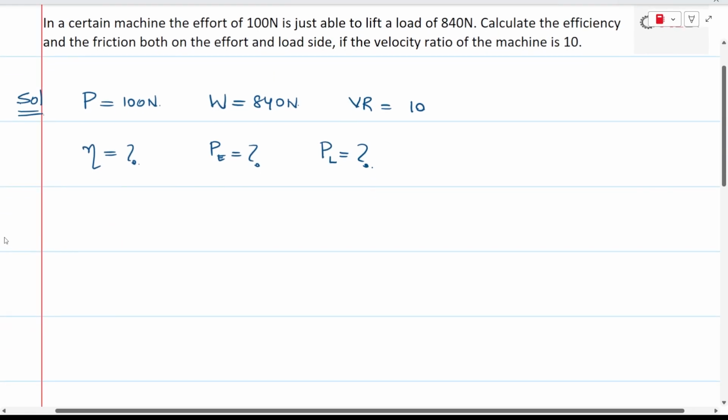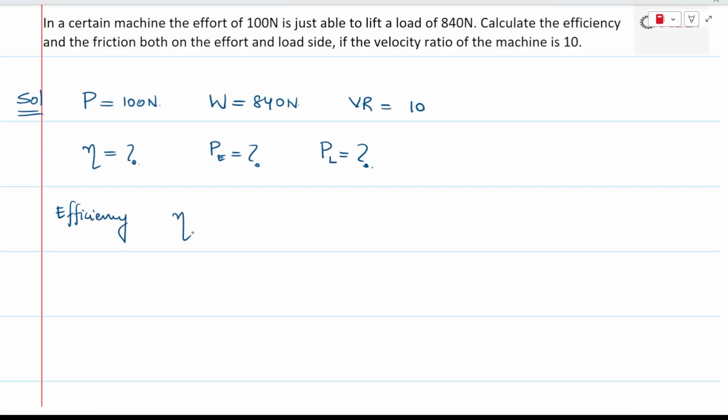So we can compute the efficiency. Efficiency will be equal to mechanical advantage divided by velocity ratio. Mechanical advantage is expressed as load, that is W is the load and P is the effort, so load by effort, whole divided by velocity ratio.